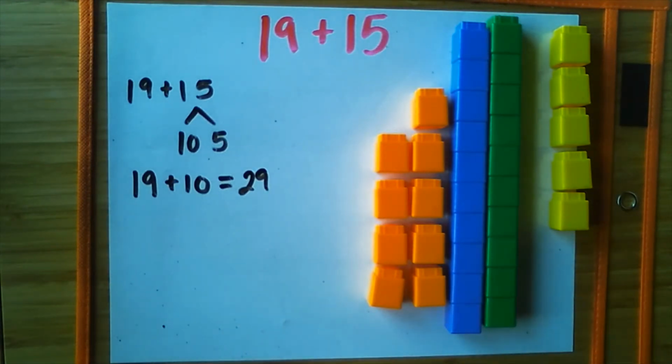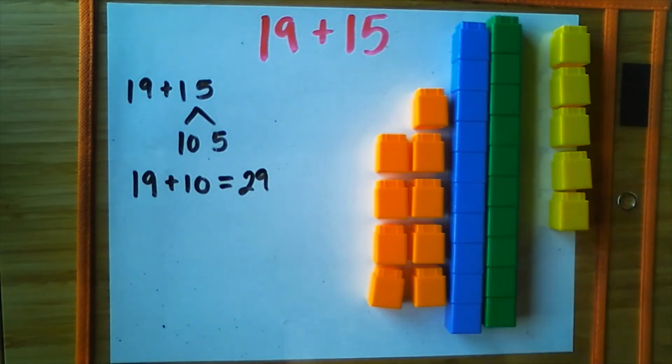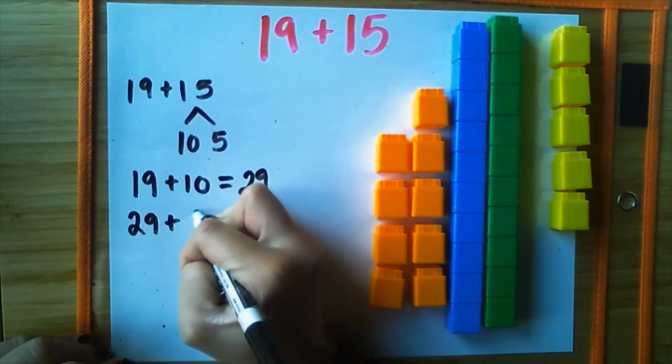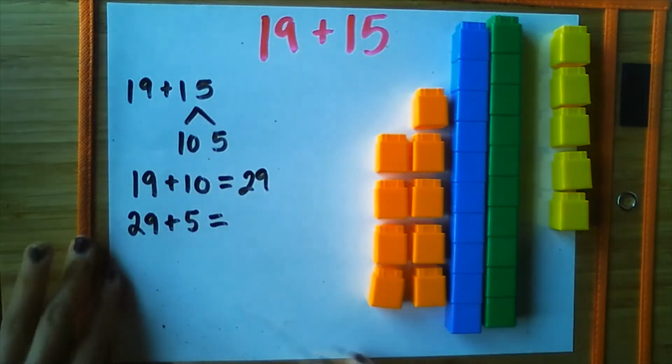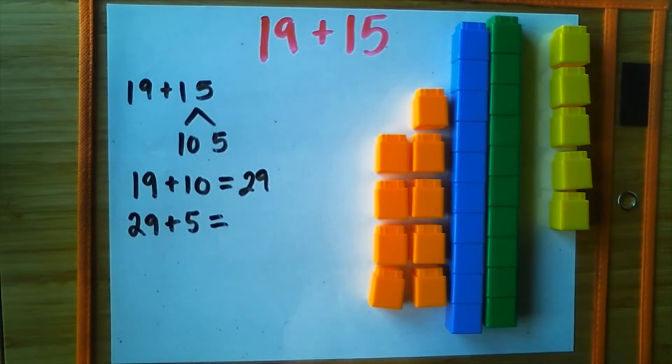Alright, what do we still have to add? We still have to add the 5 ones here to the 29. So let's go ahead and do that. 29 plus 5 equals, what should we do there, my friends? Pause here, tell a friend or family member, what do you think our solution is?